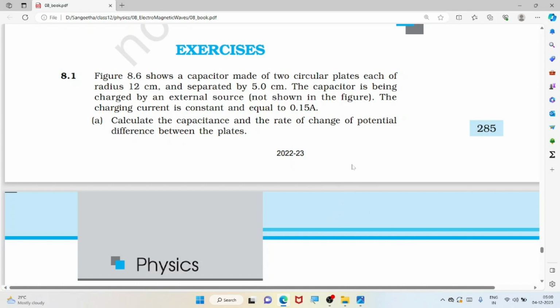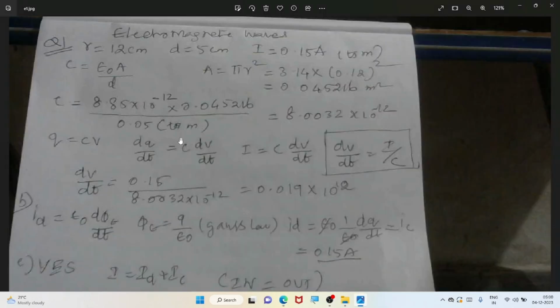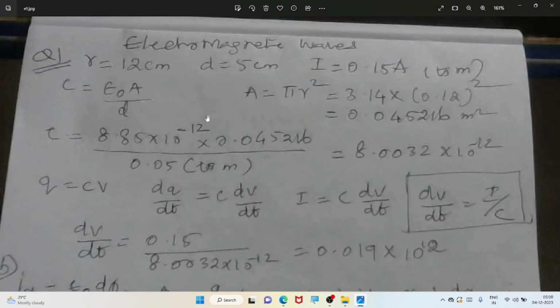First we calculate the capacitance, then the rate of change of potential. The distance between the plates is given. Capacitance equals epsilon naught, the permittivity of free space, times A divided by d.